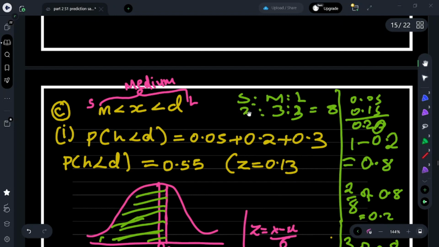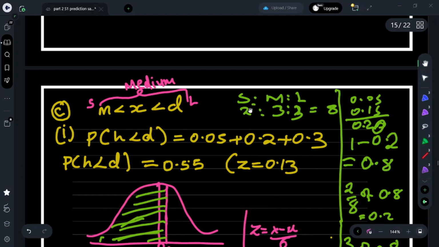The probability of the small is easy to find since we know the ratio of small, medium, and large books in terms of the amount of books. And we know that the total probability was equal to 1. When we subtract the lower percentage and the upper percentage of the books that are not going to be on the shelves, we are left with what will be on the shelves.